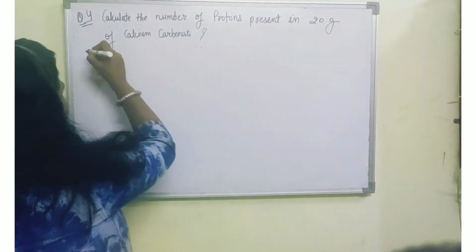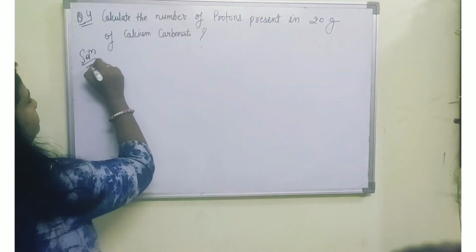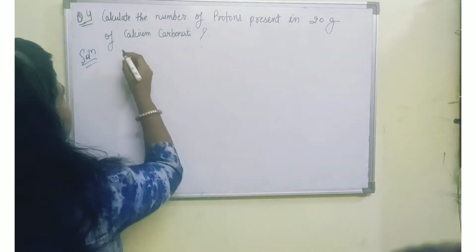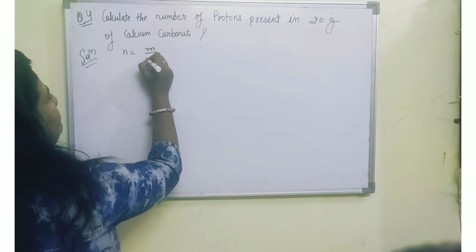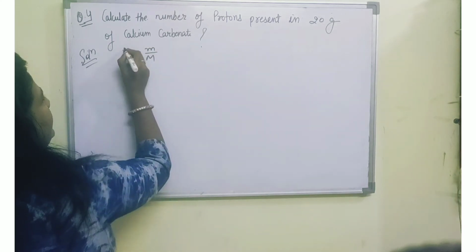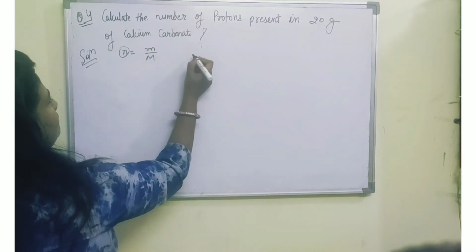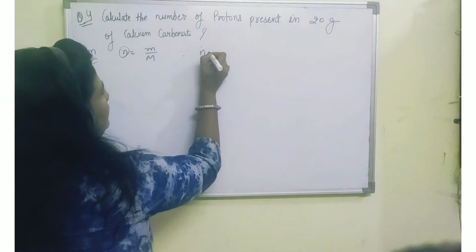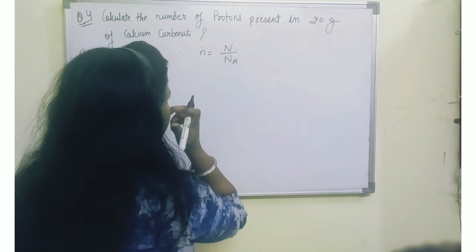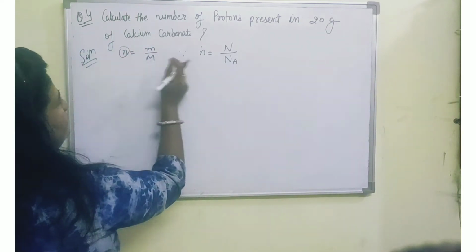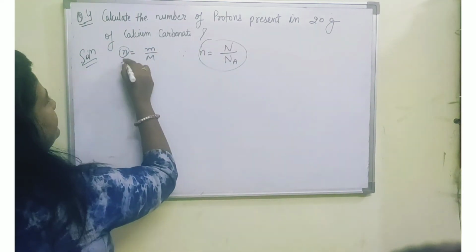First we will write the formula. Small n is equal to small m upon capital M, and since small n is also equal to number of particles upon Avogadro number, we will put the value of small n here.